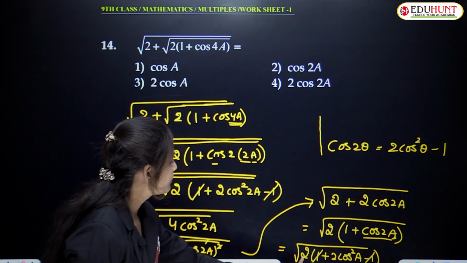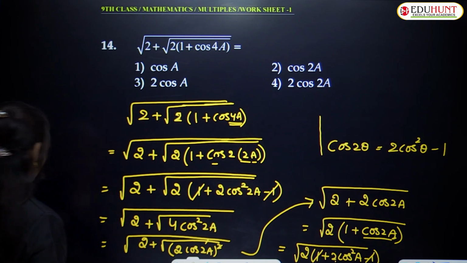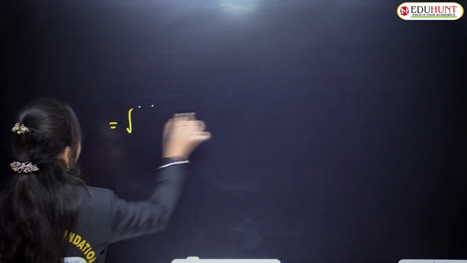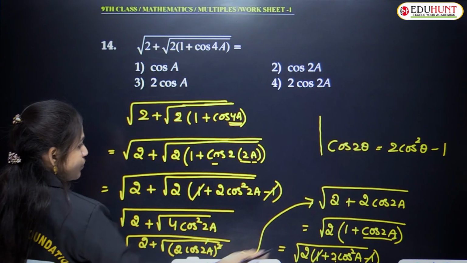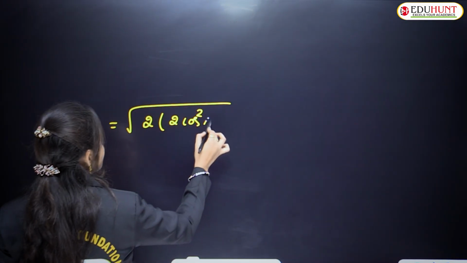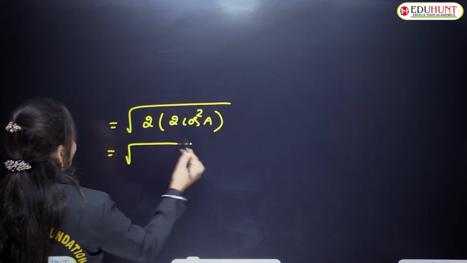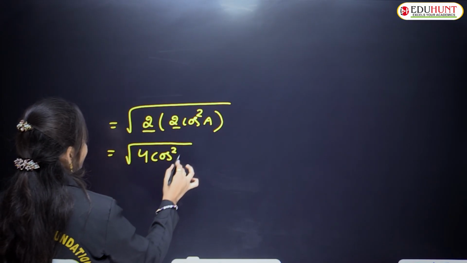Again, square root of 2 into 2 is 4, which equals 2 into 2 cos square a. So square root of 2 into 2 is 4 cos square a.